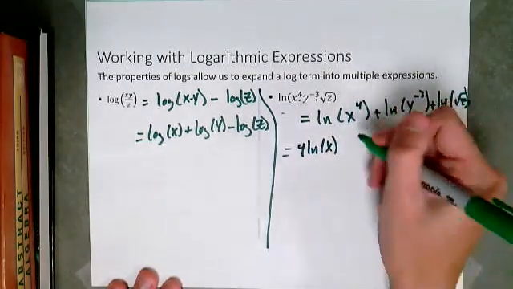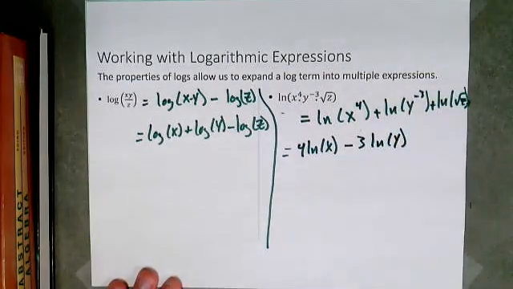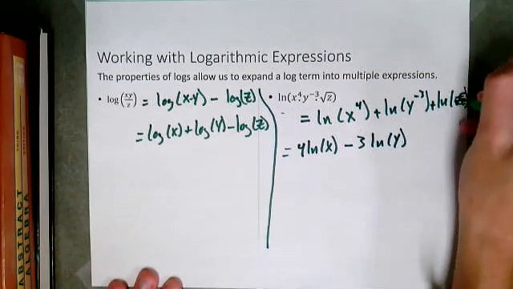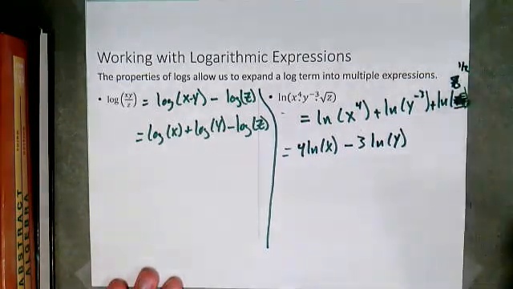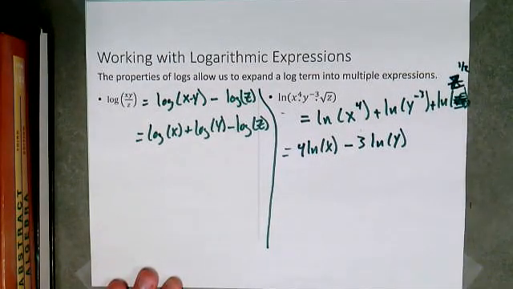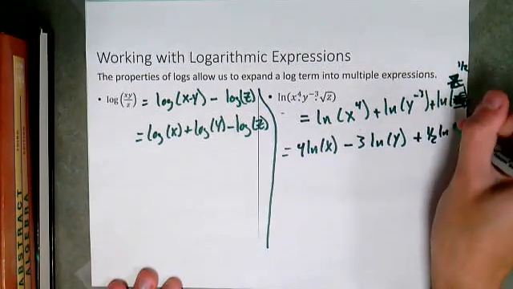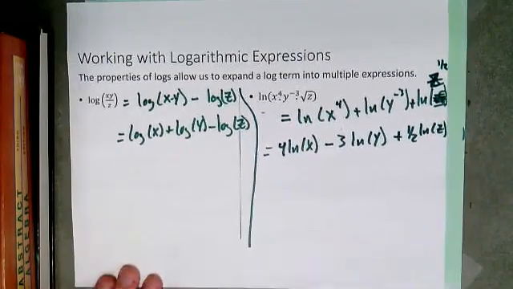Same goes for this. We get minus 3 times natural log of y. And z, okay, this is the square root of z. You can't see that. This is not x. This is z to the 1/2. That's a z. It's a bad z, but it's still a z. So then this is plus 1/2 natural log of z.